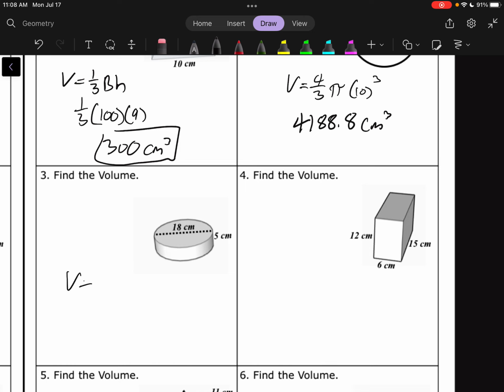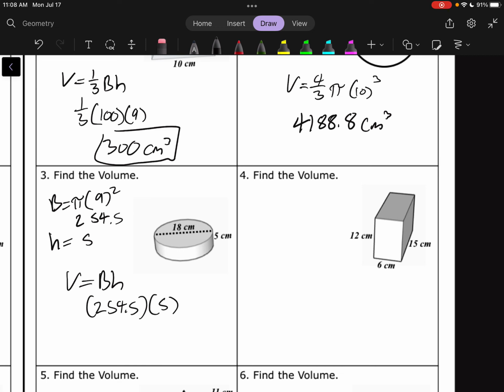For our cylinder, we're doing big BH. The big B should have been pi times 9 squared, which is 254.5. Our height is 5, so we're doing 254.5 times 5. And that is 1,272.5 centimeters cubed.